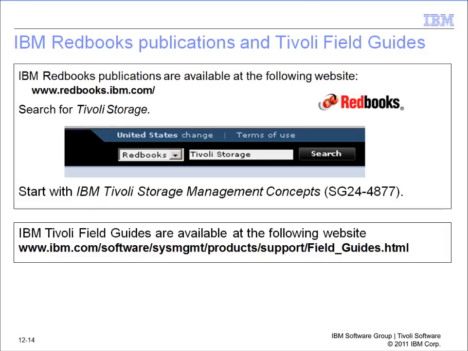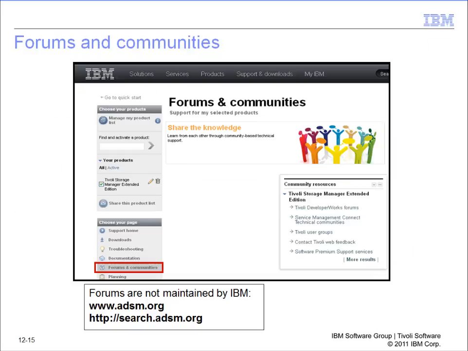Redbooks. Redbooks are publications from IBM that are written by a variety of subject matter experts for the product. There are also some field guides available. Forums and communities. Check out the Tivoli Storage User Community. It's an online community group that meets virtually, periodically. We have training sessions, discussions, a lot of good information.